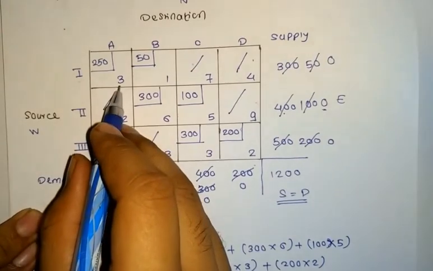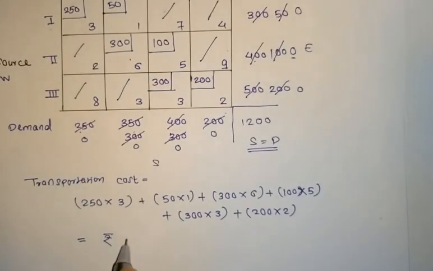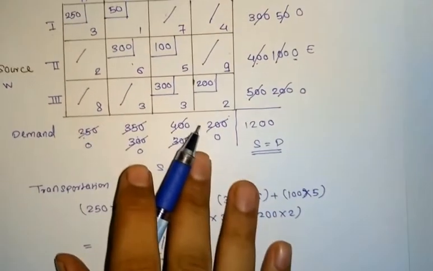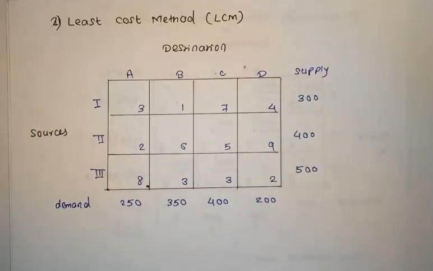The total transportation cost will be 4,400 for this given transportation problem, as per the northwest corner method.